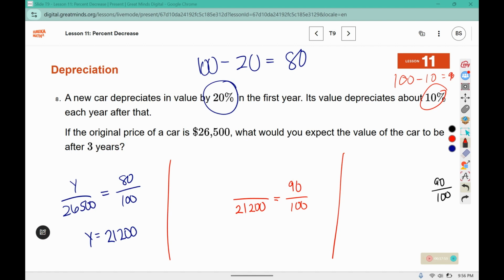So now we're left with 90%. We'll use a different variable here. Cross multiply 21,200 times 90 divided by 100. So now after year 2, the car is worth 19,080.